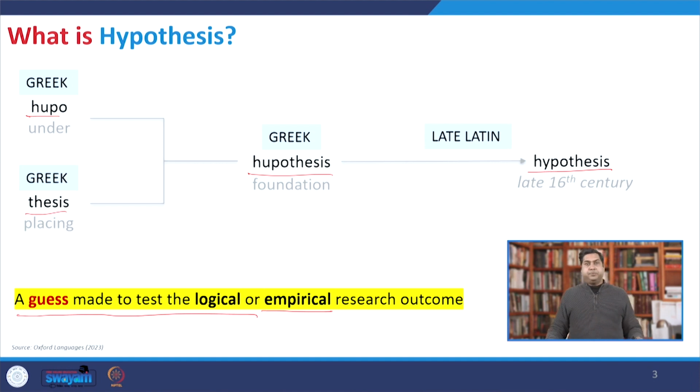Say for example, in a particular study area you are capturing the socio-demographic information, and to understand it easily, let us assume that you are collecting the income of the respondent, and your hypothesis is a guess that in this particular area the average income will be some x amount.